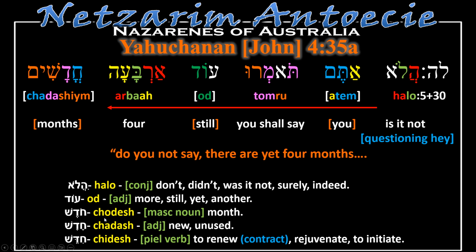And we have it down here. Chodesh is a masculine noun meaning month. Then we have Chadash, which is an adjective meaning new or unused. And then we have Chidesh, which is a Piel verb to renew, like a contract, to rejuvenate or to initiate. So I'm just giving you some variations of the same word.